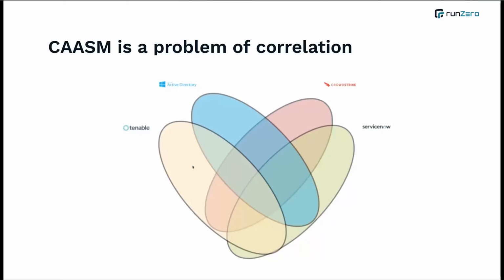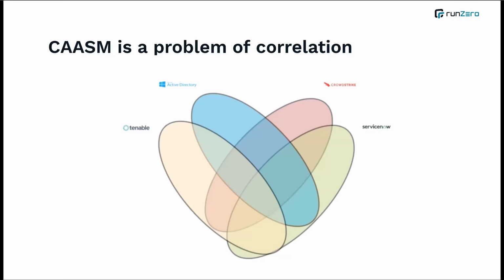In this yellowish part are devices that only Tenable knows about. Over here in the blue and yellow overlap, these are the devices that Tenable and Active Directory know about. Over here, these are the devices that Tenable, Active Directory, and CrowdStrike know about, right? So the question is, how does a CAASM solution know that this data from the vuln scanner and that data from the directory and this data from the EDR are referring to the same device?